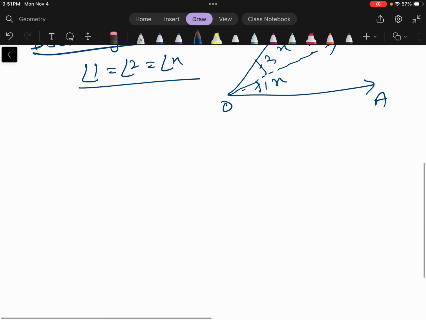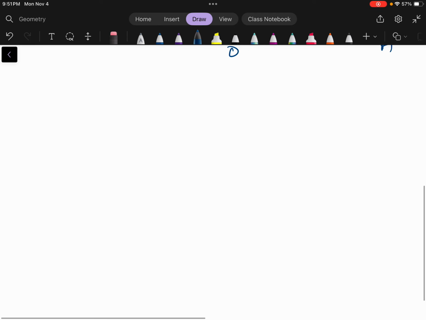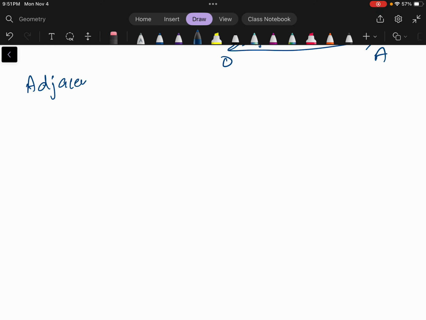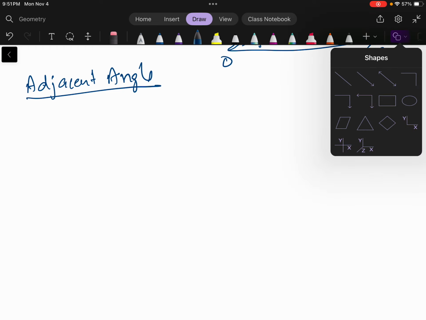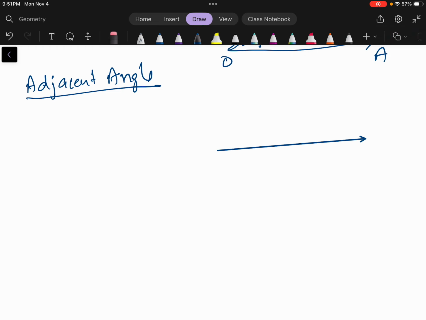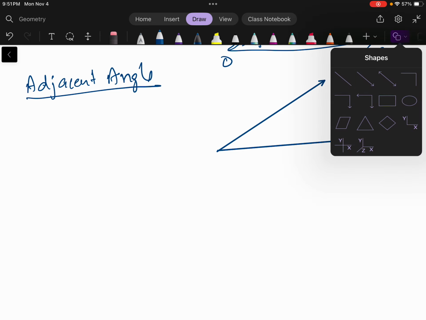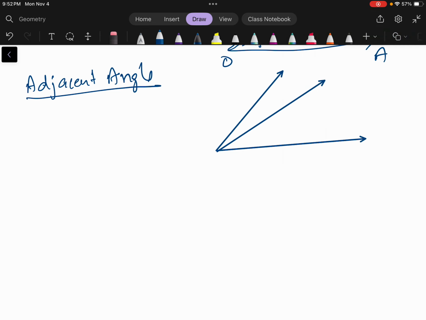Now we will come to the adjacent angle. If anybody asks, find the adjacent angle, what is the adjacent angle? Adjacent angle means we have this one angle and this another angle, so angle 1 is adjacent to angle 2.